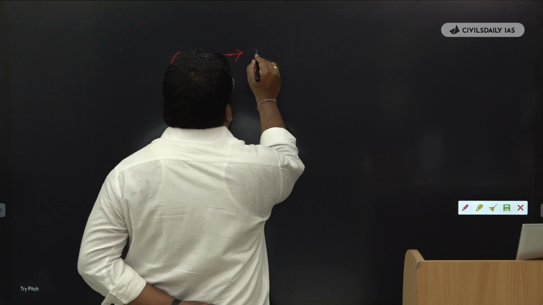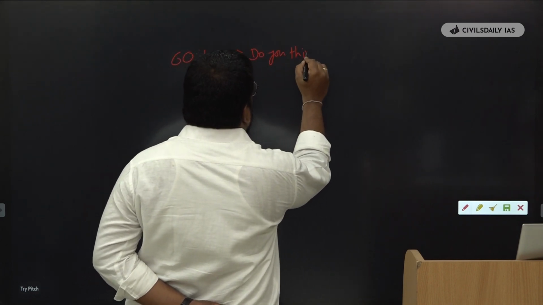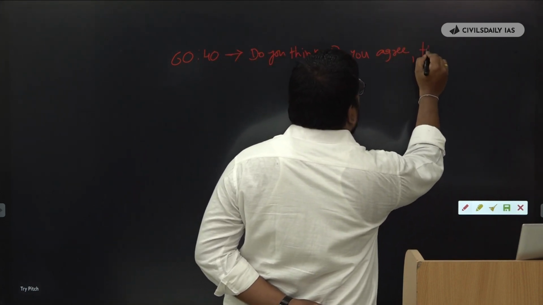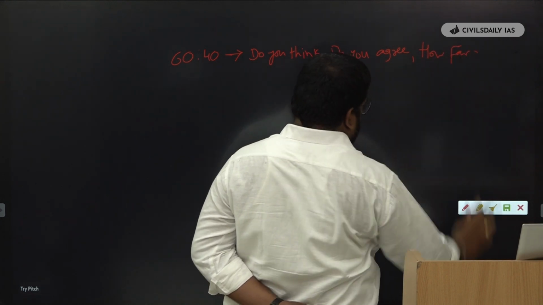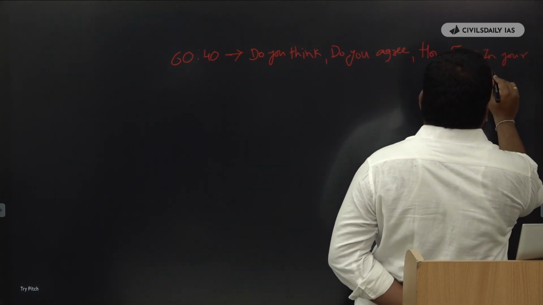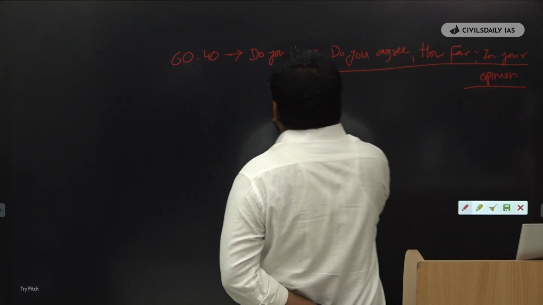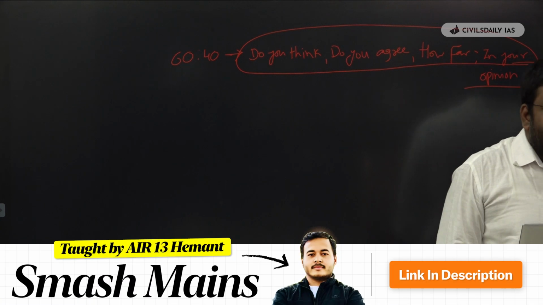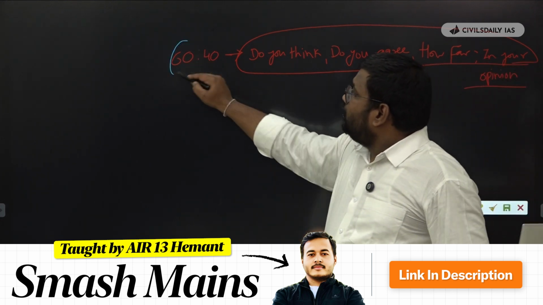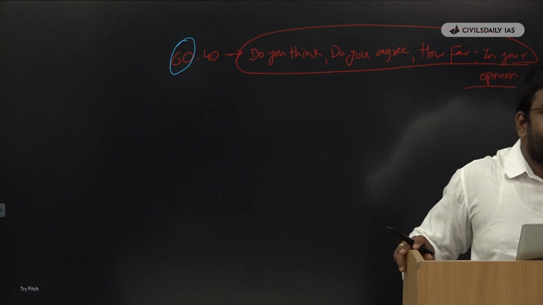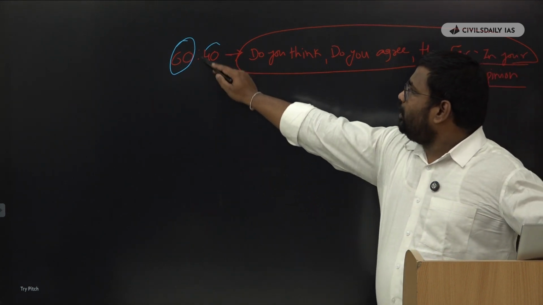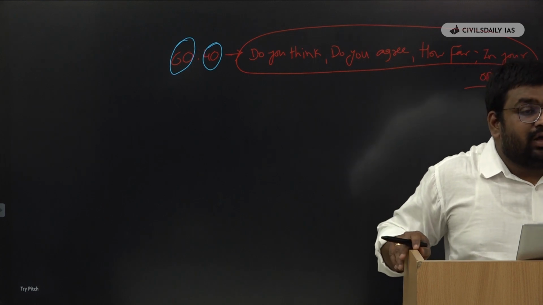In the questions where they are asking, do you think, or do you agree, or how far, or in your opinion, in such questions, wherever they are asking your opinion, you have to follow the 60-40 formula, where 60% if you agree with that proposition, if you agree with that particular statement, that is 7 or 8 points, will go into the agreement and 40% will go into the counter argument.